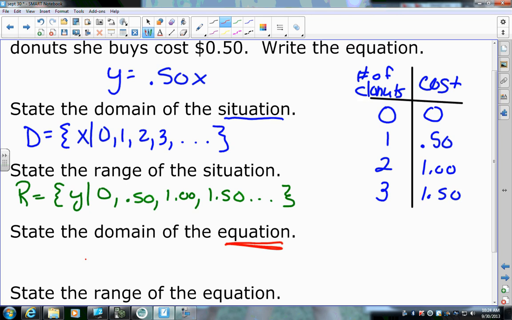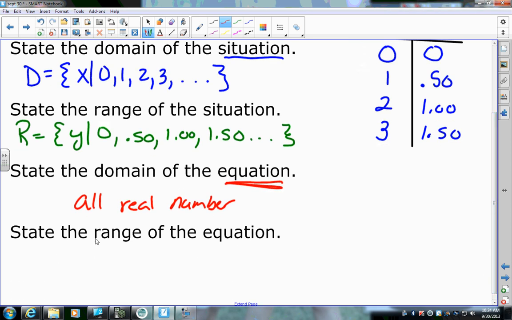The domain of the equation is all real numbers. You just write the words all real numbers. And for range of the equation, all real numbers. That's all you write for that, anytime it asks you about just the equation.